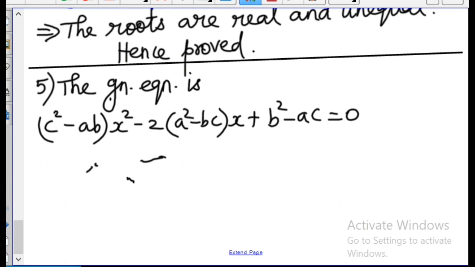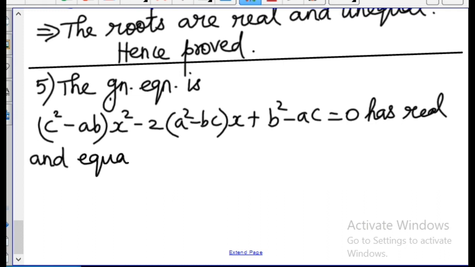Again you check the given equation. The given equation is c square minus ab into x square minus 2 into a square minus bc into x plus b square minus ac equal to 0 has real and equal roots.